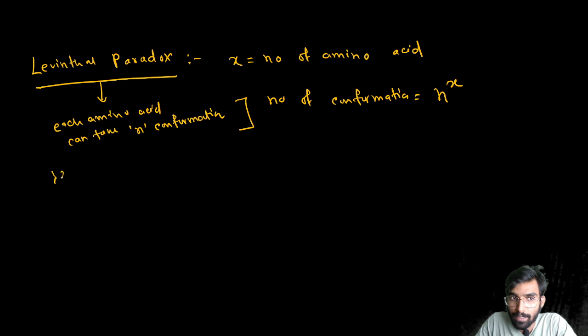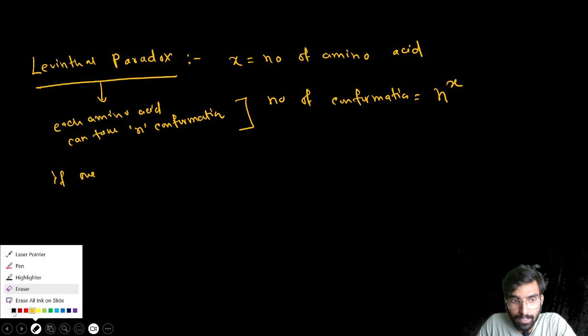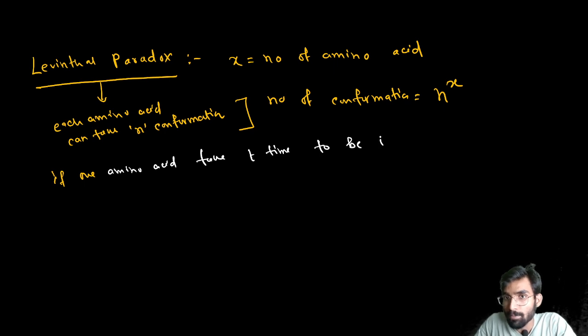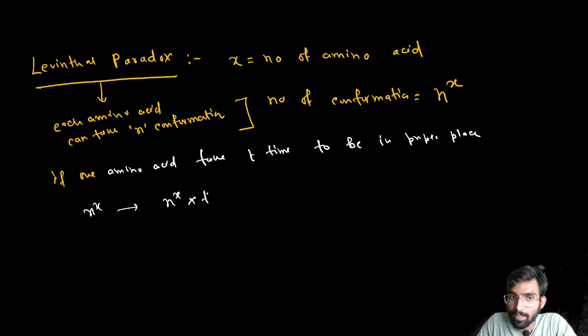Now suppose one amino acid takes time t to be in the proper place, that means to be properly folded. So n to the power x will take n to the power x into t time, right?